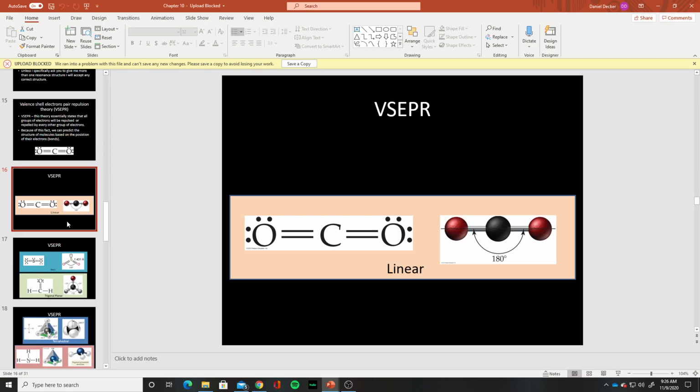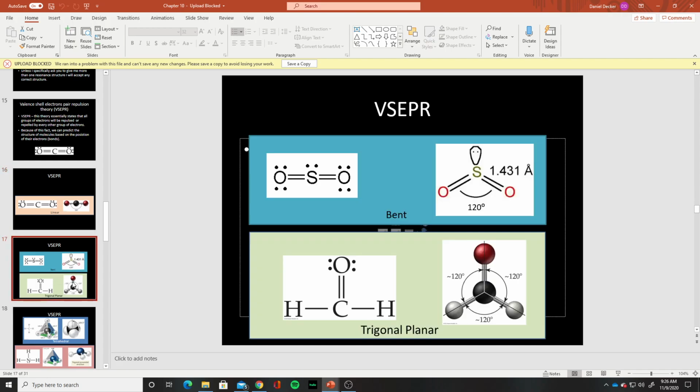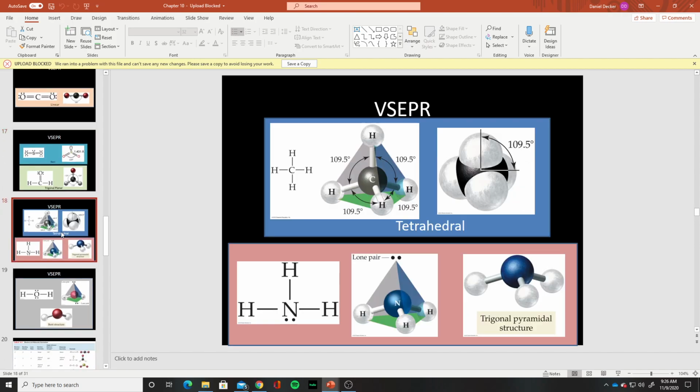Okay, so then the other big topic here was VSEPR. This again will also be on the exam. The way that I ask questions over VSEPR, because again I can't have you drawing stuff, is I will either give you a Lewis structure, kind of similar to what is happening here in these slides.